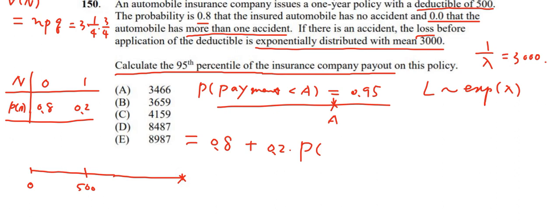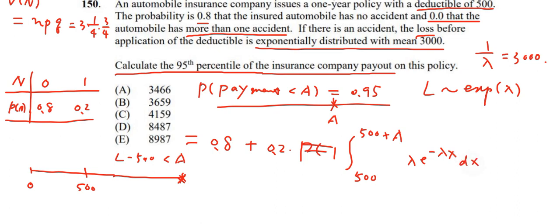So here the payment is X, and payment is L minus 500. So payment less than A means L less than 500 plus A. So this probability we just compute using integration, from 500 to this point, which is 500 plus A, with the density function lambda e to the negative lambda x dx. So this equals 0.95.